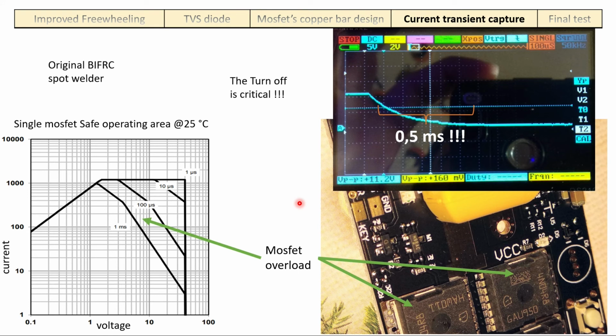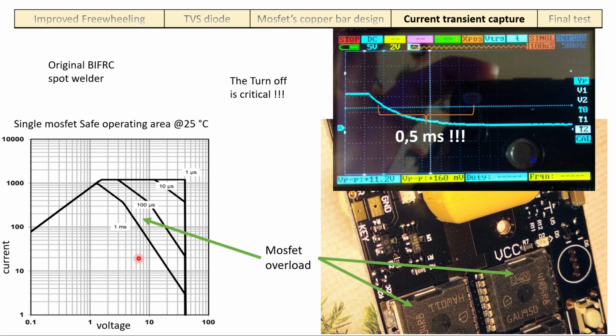In this slide, I'm going to talk about the current transient capture, which is the current at the gate of the MOSFETs. This slide is taken from my previous video regarding the birch board. As I told you in the past, the birch board has a turn-off time of 0.1 milliseconds, which corresponds, in the safe operating area, to this point.